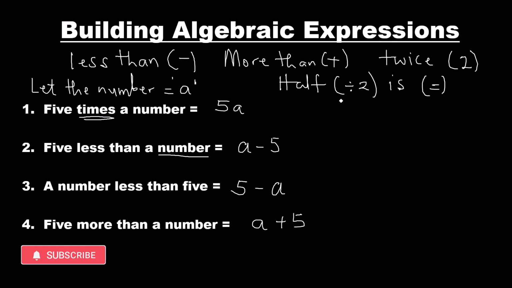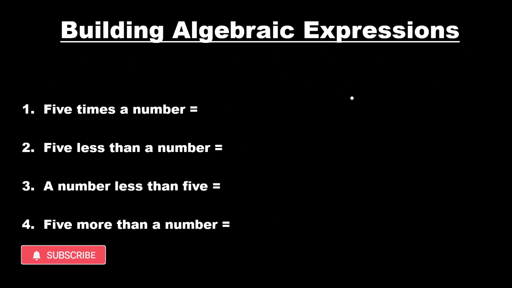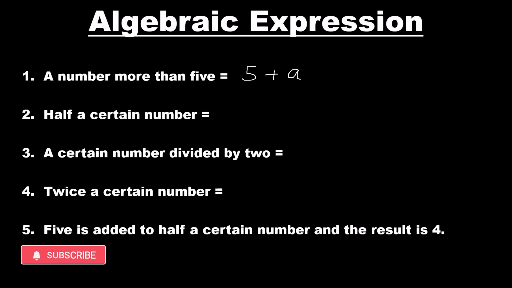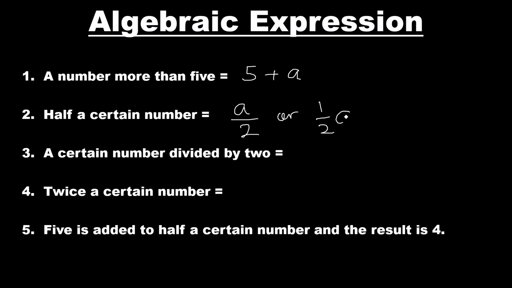So half a certain number will be that number, which is A, divided by 2. This can be written like this, or as 1 over 2 times A. Any of them works. So you divide the number by 2, and this and this are the same.